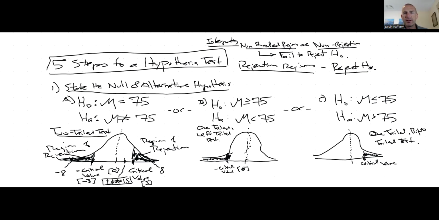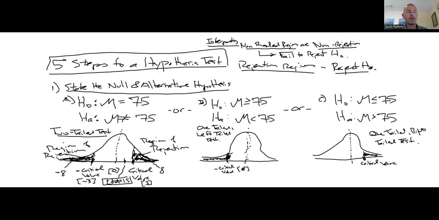How do we know we have a one-tailed, right-tailed test with a positive critical value? Well, because here the alternative is pointing to the right. It's pointing this way. Since it's pointing to the right, we know that we have a one-tailed, right-tailed test.